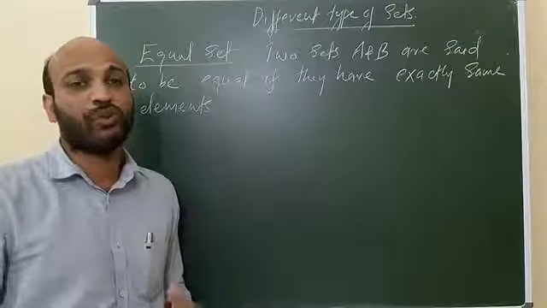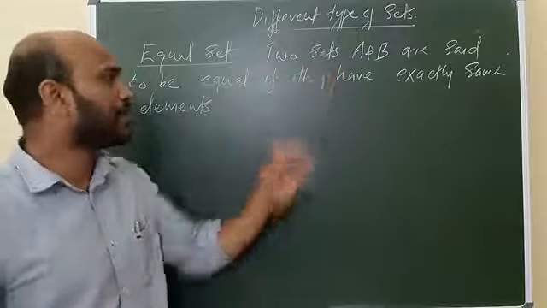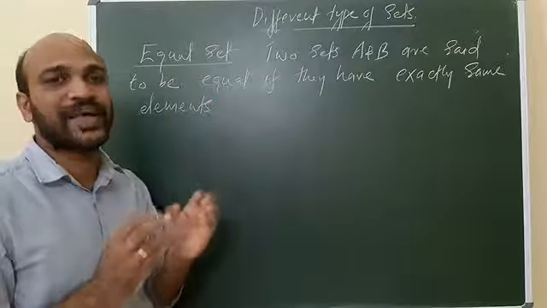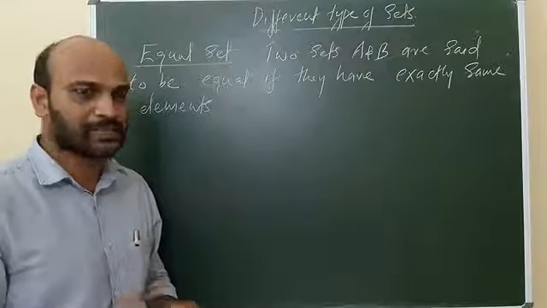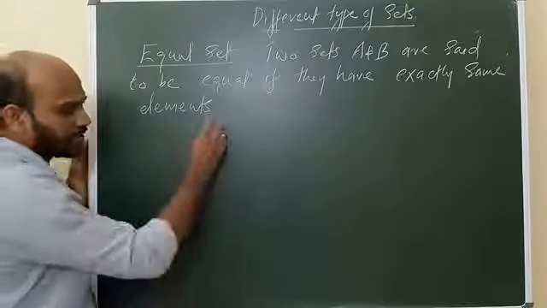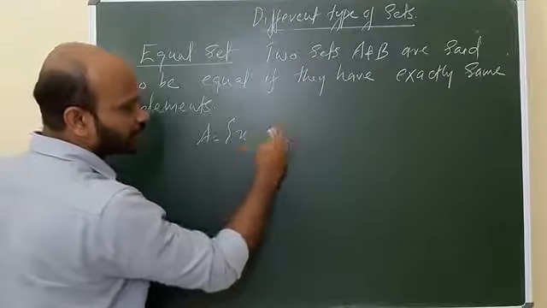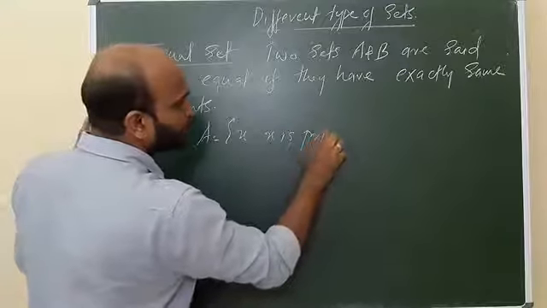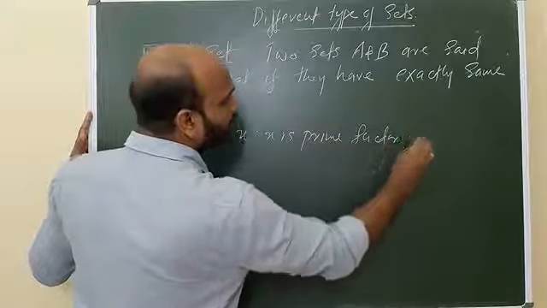Okay. Now the fourth type, that is equal sets. Two sets A and B are said to be equal if they have exactly the same elements. Exactly the same elements. For example, consider one set A. A equal to the set of all x such that x is a prime factor of 6.